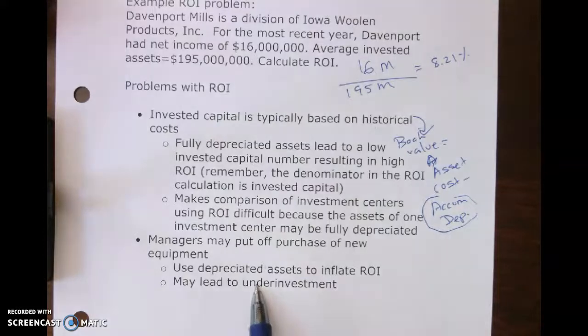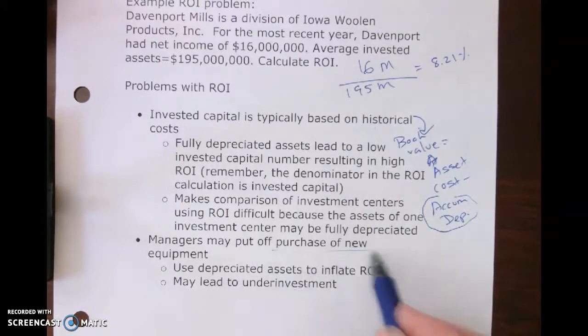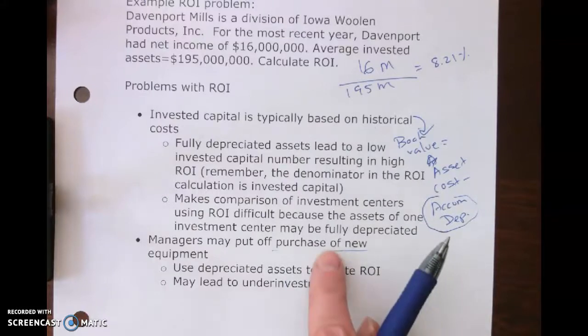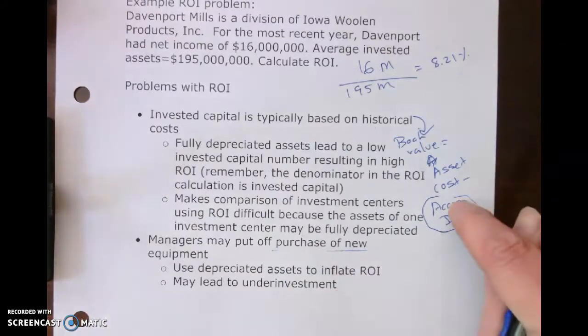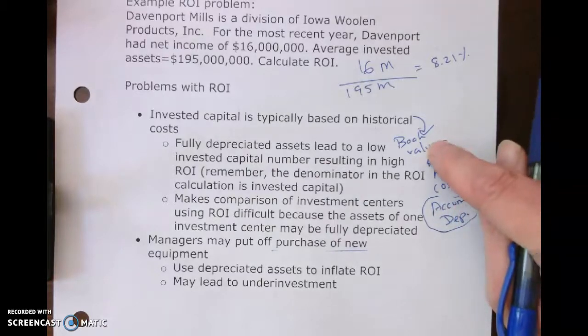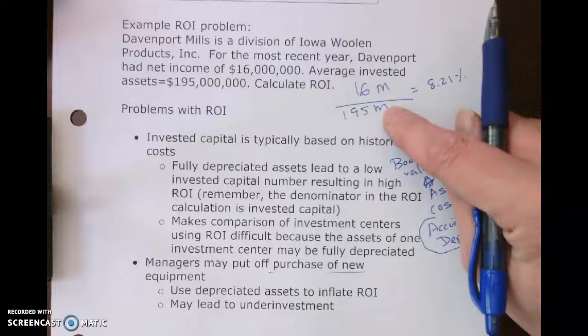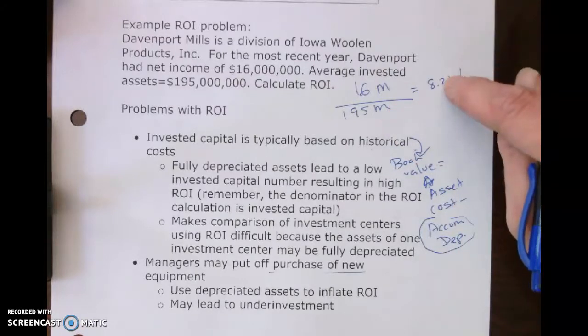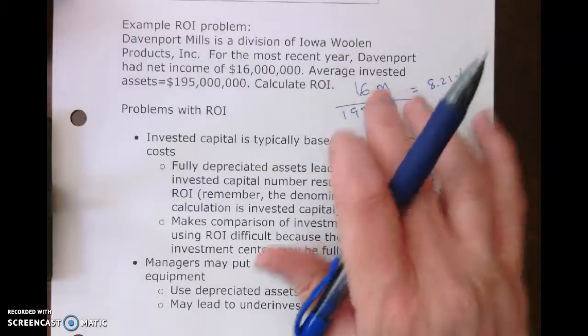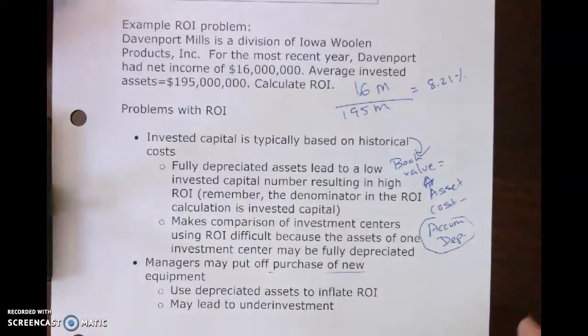And what that does is for the manager, it disincentivizes them from purchasing new equipment. Because once they purchase new equipment, right, accumulated depreciation is very low, which means the book value is high, which means the denominator is high, which means the return on investment could drop. Okay, assuming that the profit is unchanged.